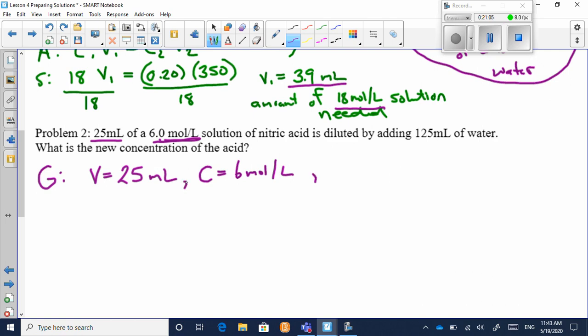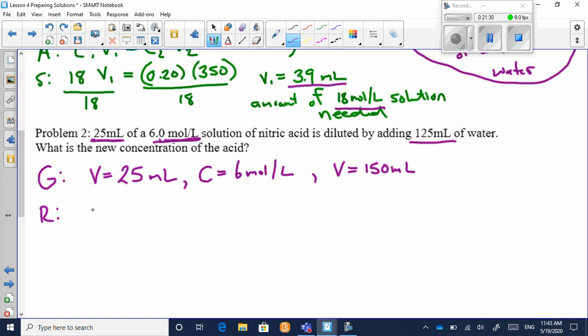Okay, so if you add 125 milliliters of water, it means that my next volume is going to be 150 milliliters. Notice what I did there. There's a little trick because I've added this amount to the 125. Okay, what is the new concentration?